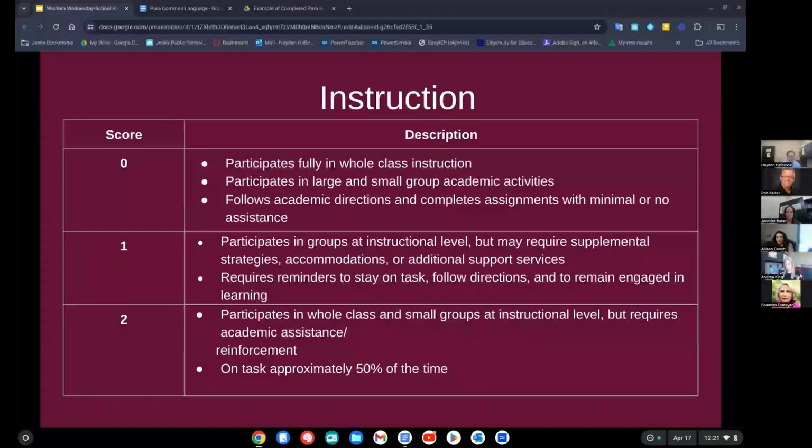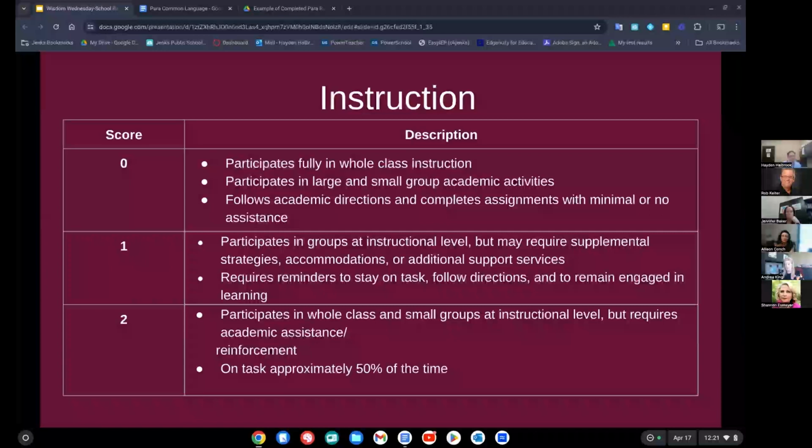Go ahead. Sorry. I'm just thinking in terms of, for this one, is that at their level? So for a student, does this mean they would only get a 0 if the student is in general education all day? Or is that based upon their level, where they can do these things in the setting that's appropriate for them? Or I would argue it's based on their appropriate LRE. Okay.